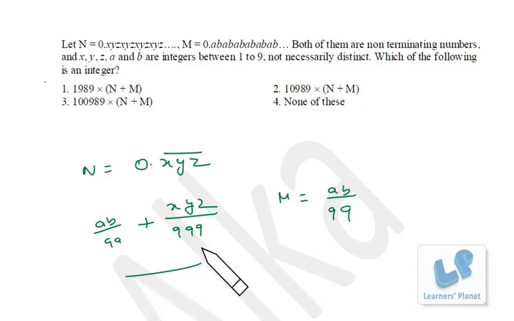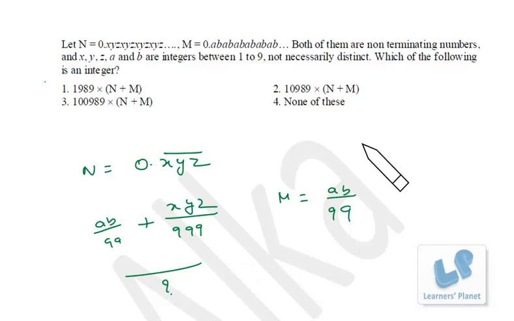That LCM should be there in the denominator. To get an integer, whatever is there in the denominator, if we multiply that number to the fraction, then we'll be getting an integer. So precisely, we have to find out the LCM of 99 and 999.